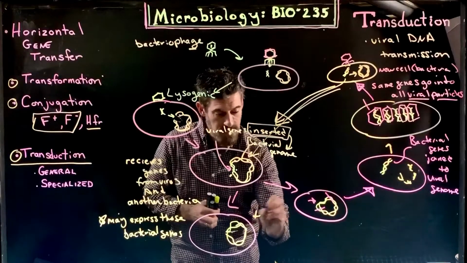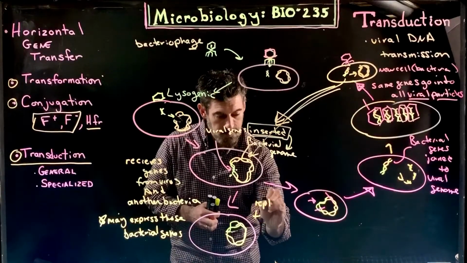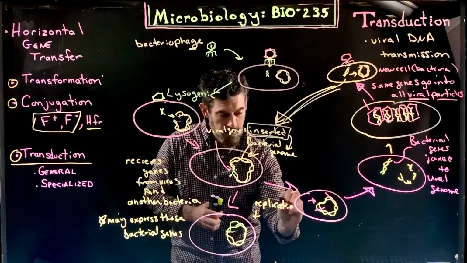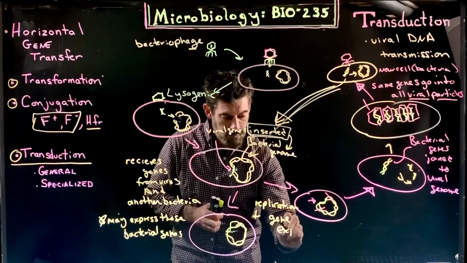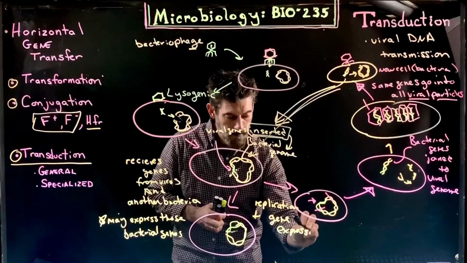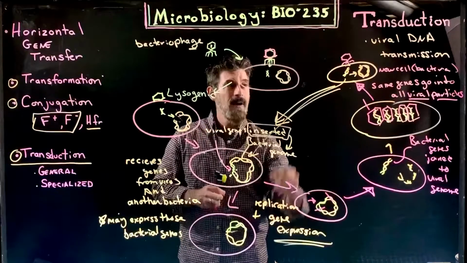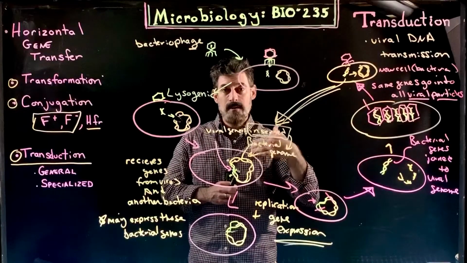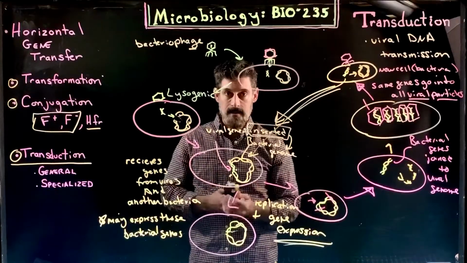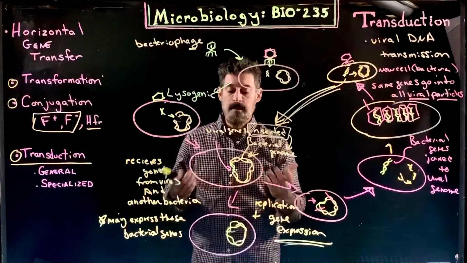So this is replication plus gene expression. And now, after being infected by one of these types of viral particles, it can be expressing genes from different bacteria. So we've actually altered the diversity.